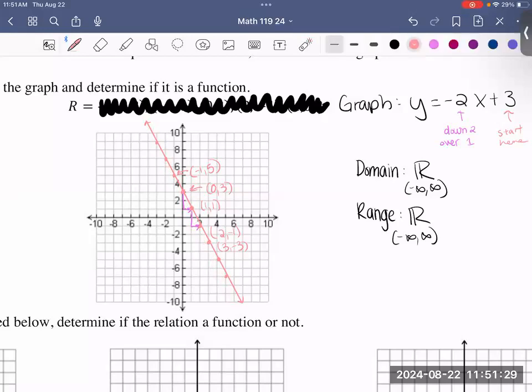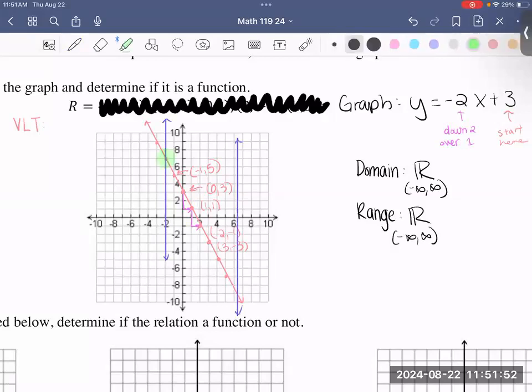Now, there is a test. This is called your vertical line test, which suggests that we are going to draw a vertical line anywhere on your graph. It doesn't matter where, it just has to hit somewhere on your graph.